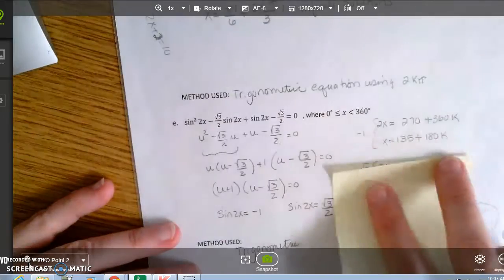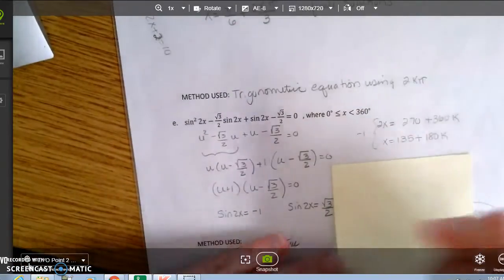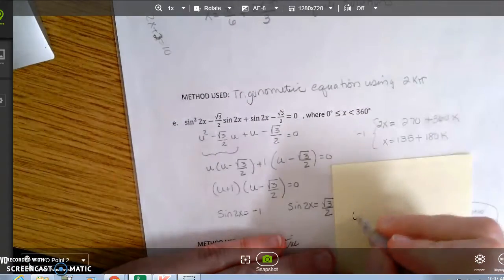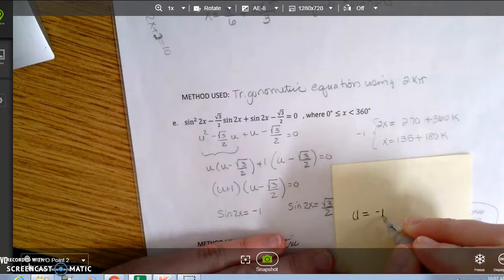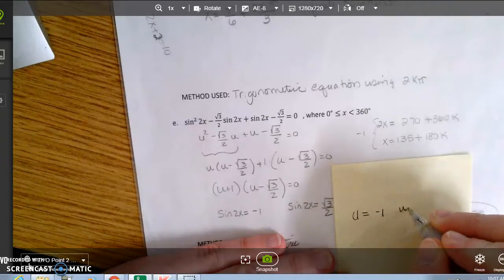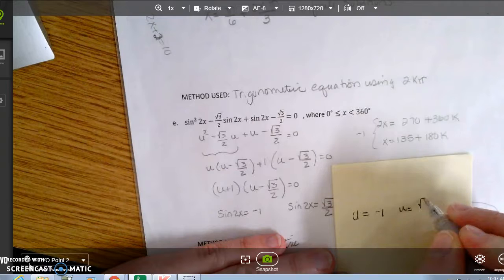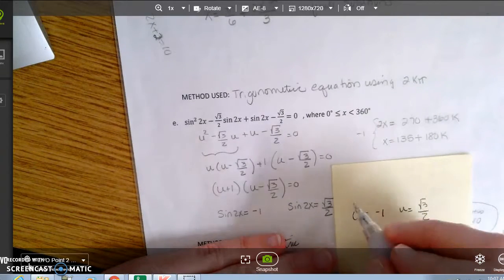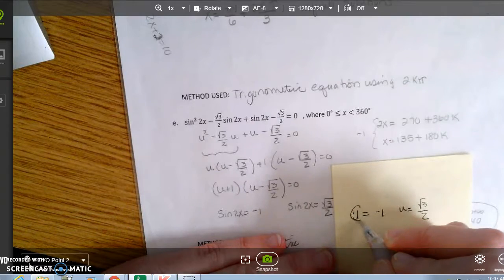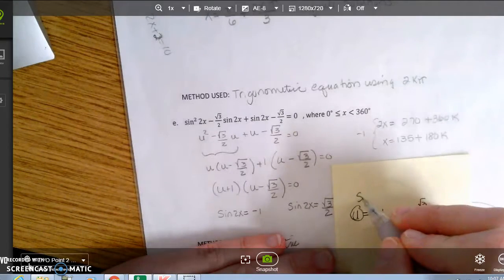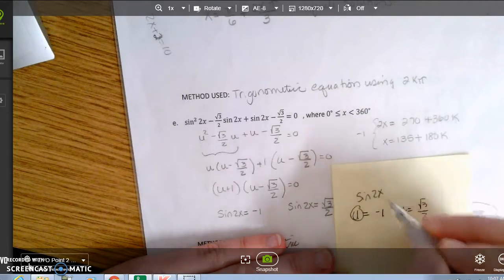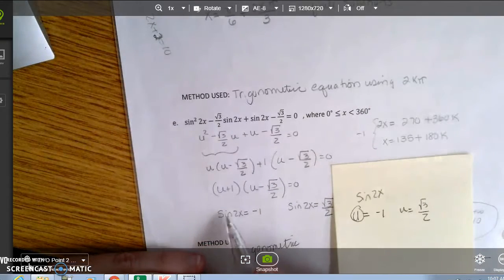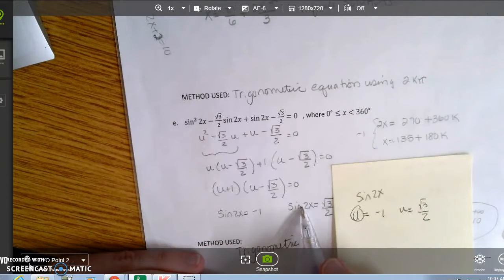You basically have one step here where u is equal to -1 and u is equal to square root of 3 over 2. So then I go back and I replace this u with the sine of 2x. And that's how I came up with this statement and this statement.